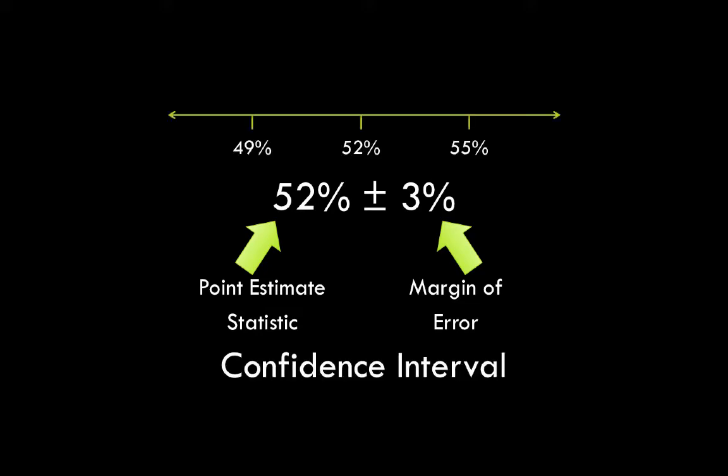That's our confidence interval. We can say, using that statistic, that we predict the actual population proportion of people who will vote for this candidate to be between 49% and 55%. That's where that plus or minus 3% comes in. That's the confidence interval right there.